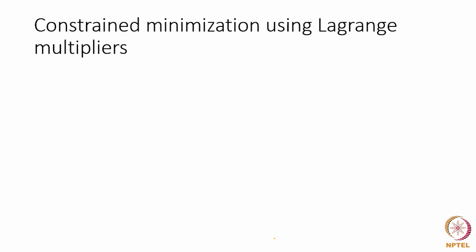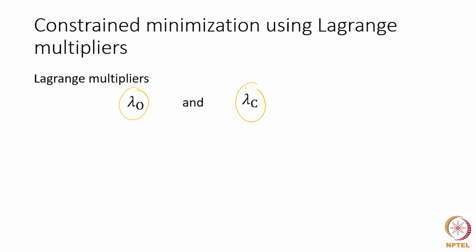So the 2 constraints are going to involve 1 Lagrange multiplier each, and therefore we choose the symbols to be appropriate as lambda O for the constraint that is about keeping the number of oxygen atoms constant, and lambda C, that is the Lagrange multiplier for the constraint keeping the number of carbon atoms constant.